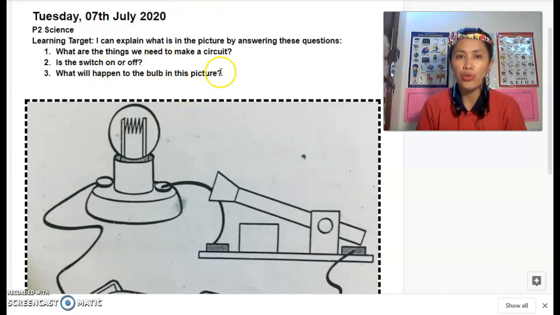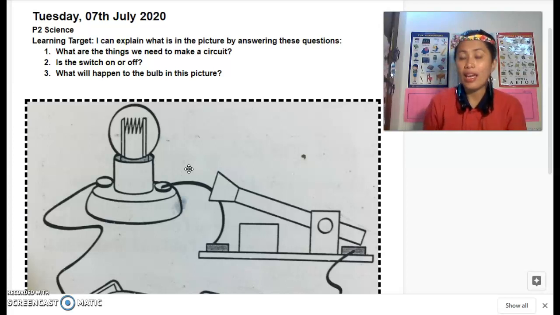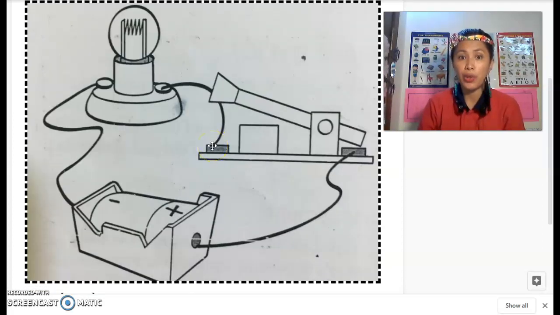You can use all of these guide questions to help you explain clearly, and also you can add your personal thoughts and ideas, or how you understand the project that we're going to make this coming Friday. Okay, so again, there are 3 questions, and all of these questions are the same as yesterday, but as you can see, the picture is different.